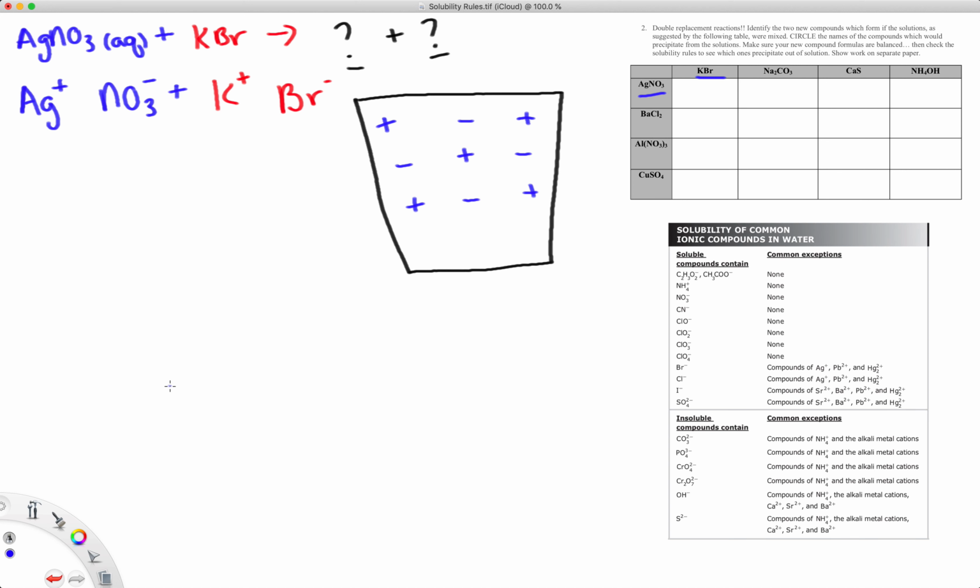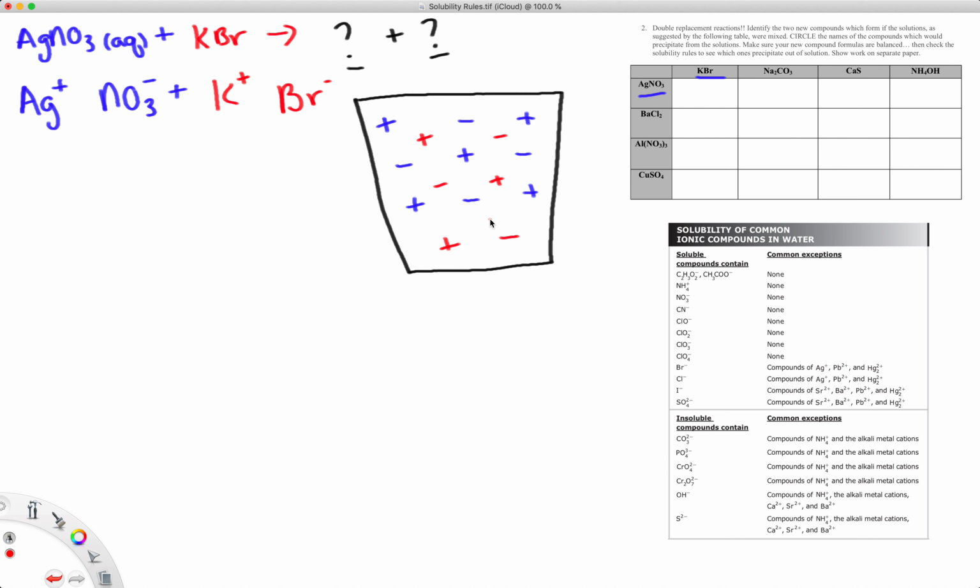And now I've got potassium bromide ions also in that same solution. So I've got a plus here and a minus here. Here's my ionic solution that has both silver nitrate ions and potassium bromide ions dissolved in this water. It's important to remember that with ionic substances, when they dissolve, their cations and anions dissociate from one another, meaning they move away from one another, and they're surrounded by water molecules.